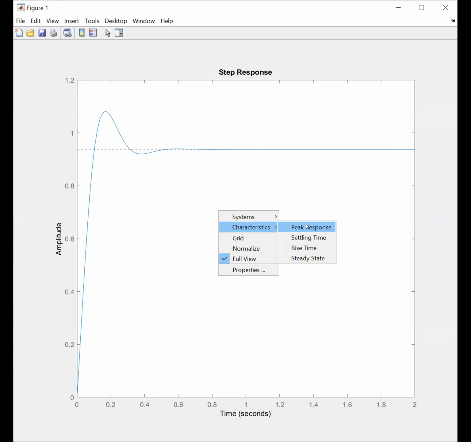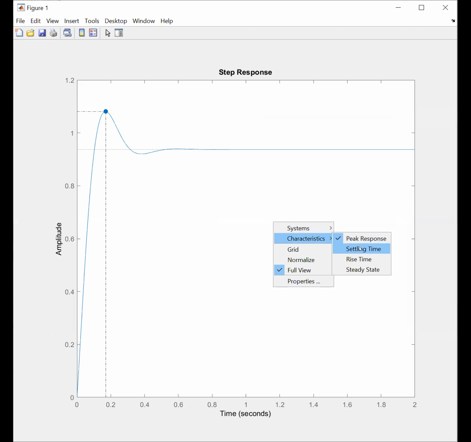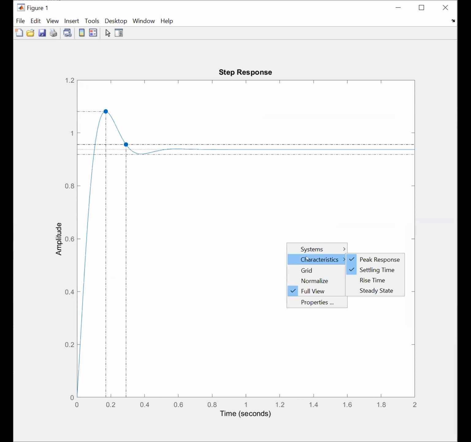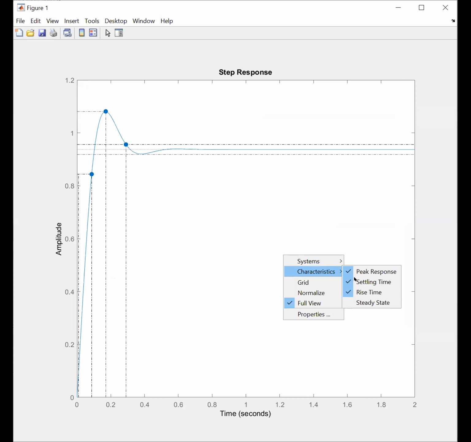Right click, characteristics, look at the peak time, settling time, rise time, and steady state. So you can see the system response has improved significantly.